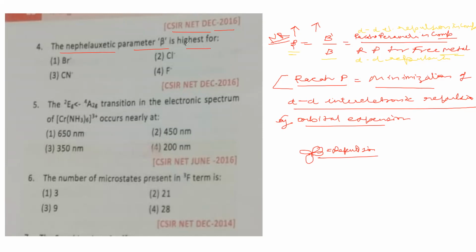So now we have to find out in which of these four species the dd electronic repulsion is maximum. To understand that maximum repulsion, we have to understand the nephelauxetic effect.